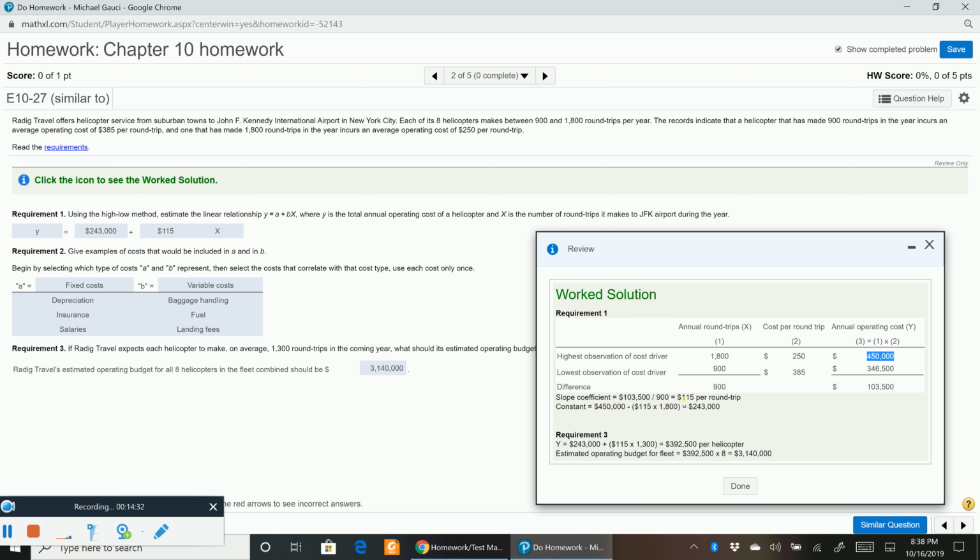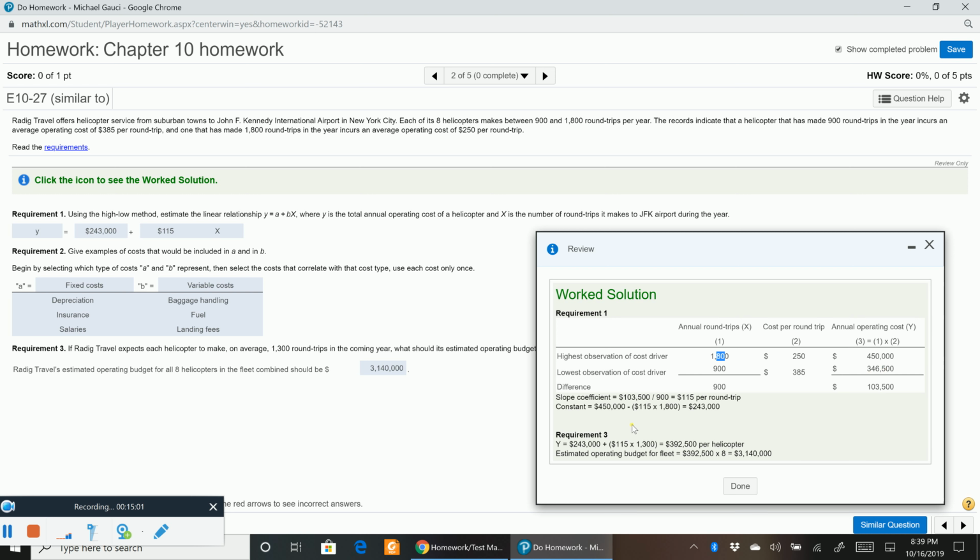We know the variable cost per unit is $115 times the number of round trips, which at the high level is 1,800. So $450,000 total cost minus the variable cost, $115 per round trip, times 1,800 round trips will equal $243,000.